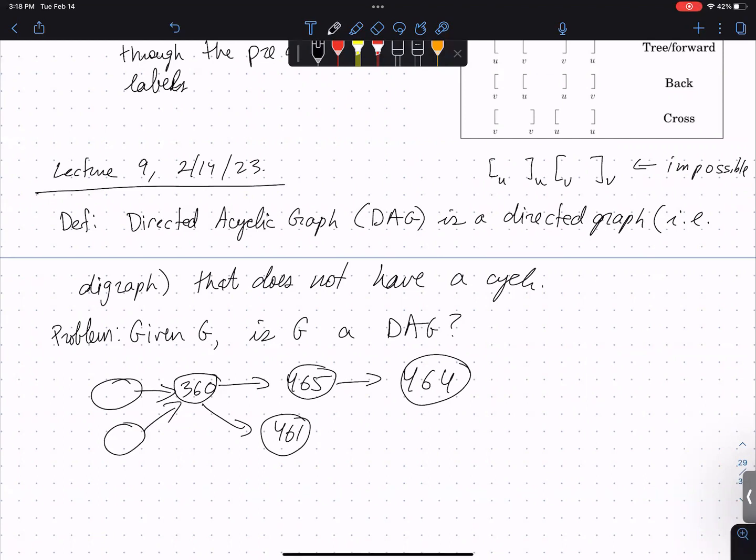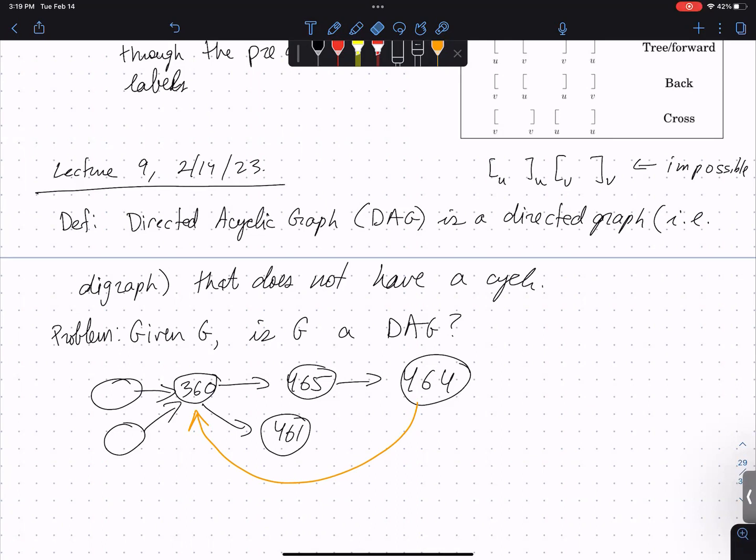So you have this dependency graph of your classes. Why is it important that this graph is a DAG? What happens if there is a cycle, like if I add an edge like this? What does it mean for your graduation? You can't graduate. Yeah, you can't graduate.